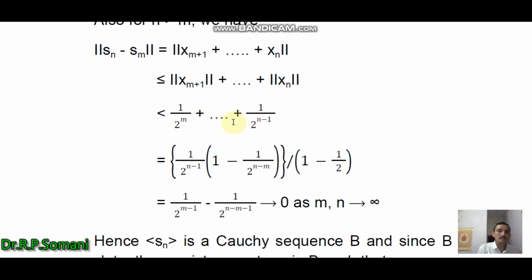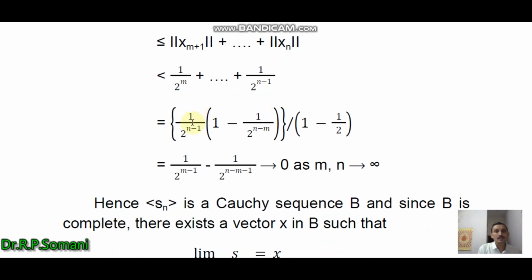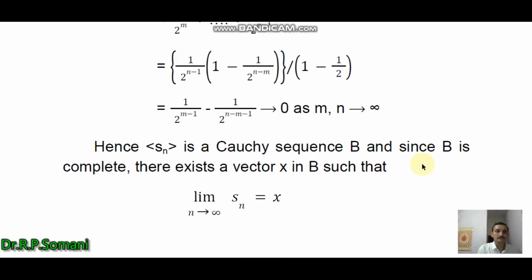Then applying the property of geometric progression, we can write this as 1 by 2 to the m minus 1, times 1 minus 1 by 2 to the n minus m, divided by 1 minus 1 by 2. And so this becomes 1 by 2 power m minus 1 times 1 minus 1 upon 2 to the n minus m, which tends to 0 as m, n tends to infinity.